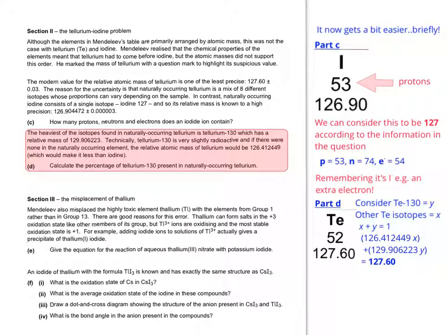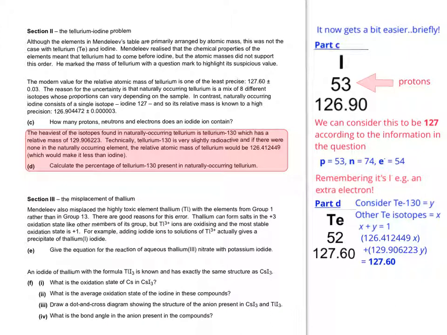So it says that the heaviest of the isotopes found in naturally occurring tellurium is tellurium-130, which has a relative mass of 129.906223. And technically tellurium-130 is very slightly radioactive, and if there's none present, the relative atomic mass of tellurium would be 126.412449.